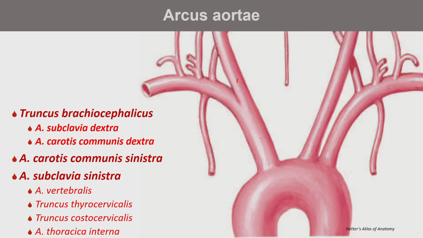But also in some children, we can see variants which are called arcus aortae duplex. Then the aorta is forming a ring, and in the middle you can observe the trachea, and dorsally we have the esophagus.